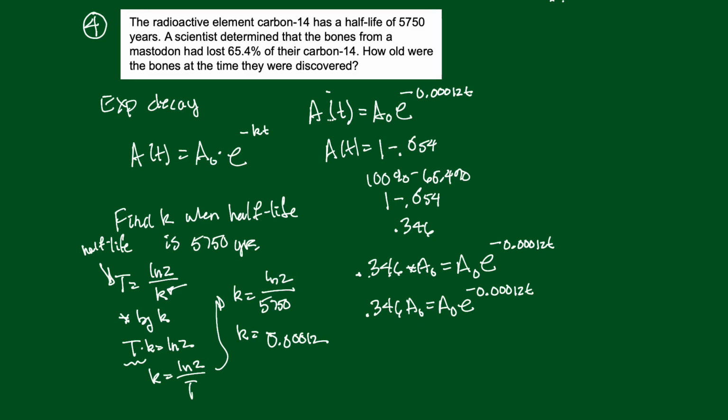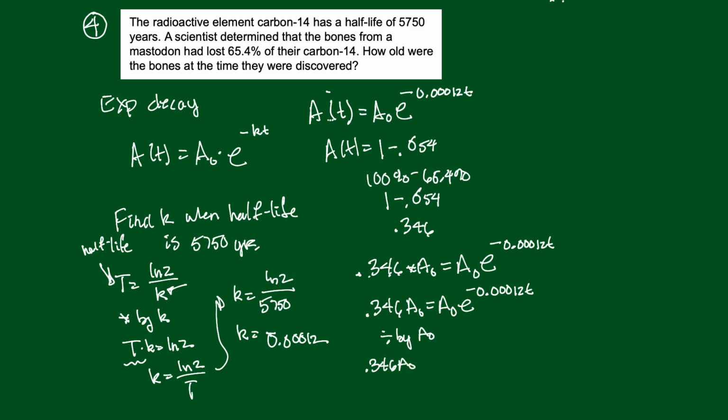Now I'm trying to find t. I'm going to divide both sides by this A naught, the original amount. If I divide the left side by A naught, it cancels. If I divide the right side by A naught, it cancels.